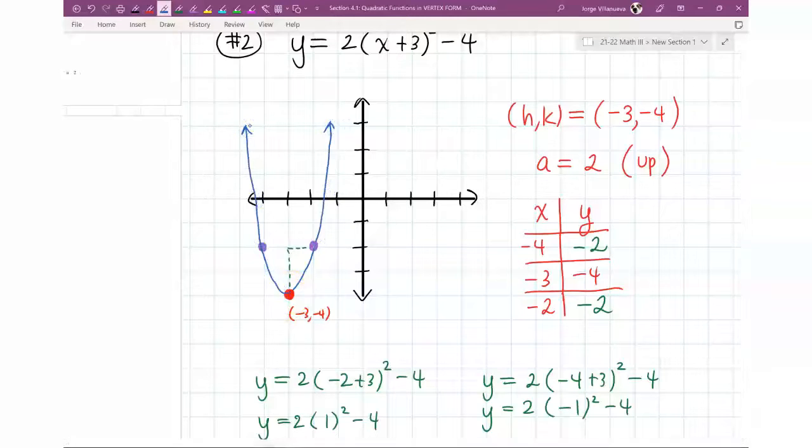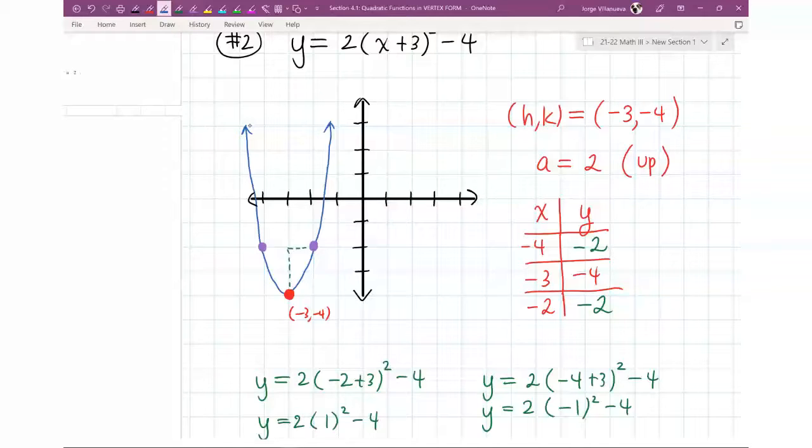So notice, do I need to calculate all of these other points right here? I really don't. Because if I know A, then from this point, negative 3, negative 4, I can go from the red dot to where the purple ones ended up by just going up twice, once over. And then you do the same thing the other way, right? Up twice, once over. So I don't actually need to calculate any of this stuff.